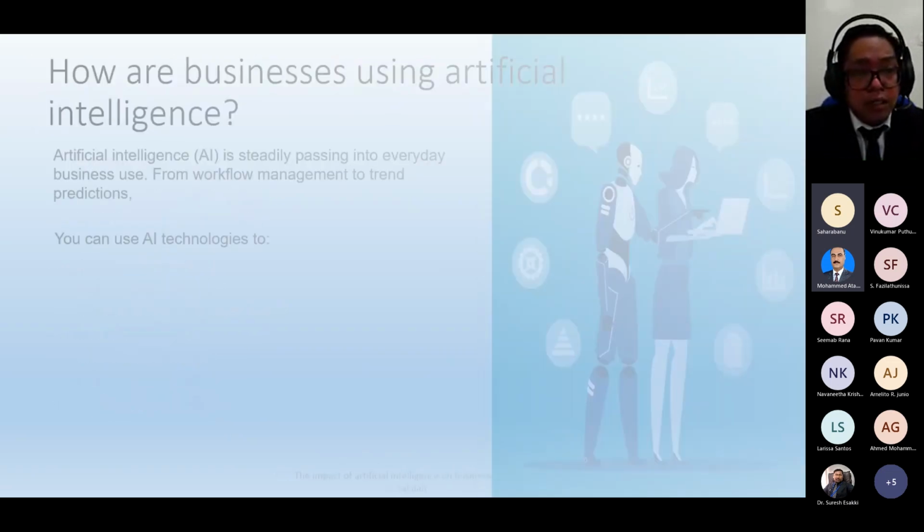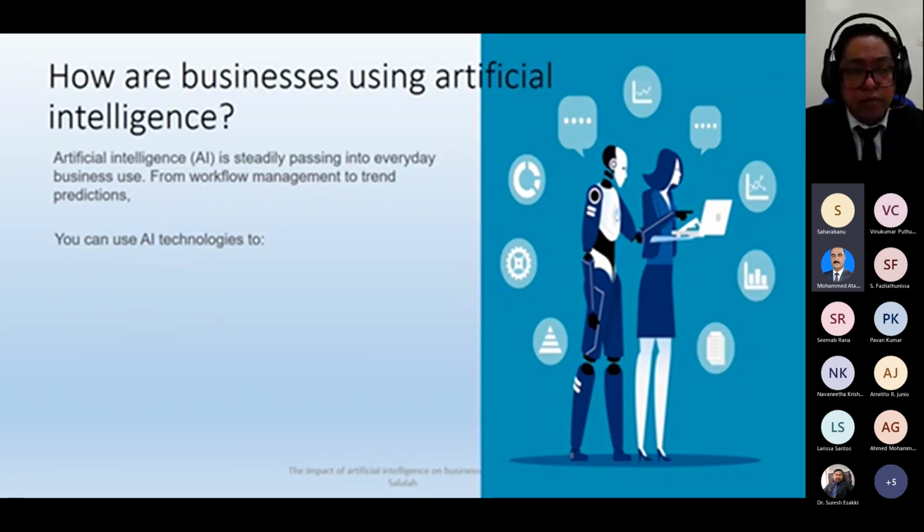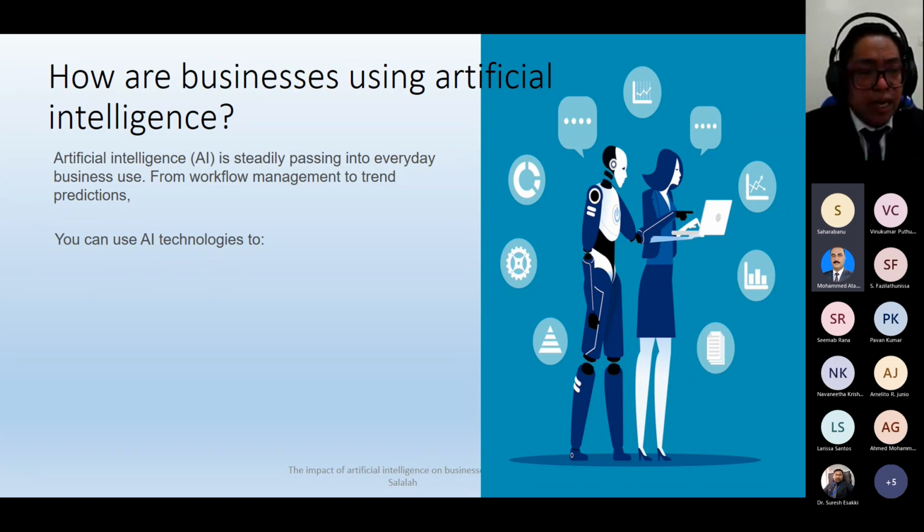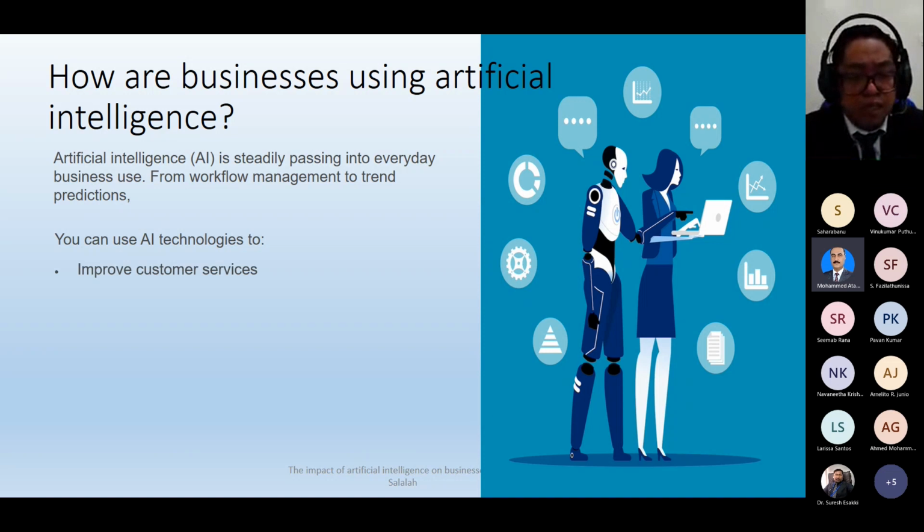Now, let's discuss how businesses basically use artificial intelligence. AI is steadily passing into everyday business use, from workflow management to trend prediction. And we can use AI technology for improving customer service.